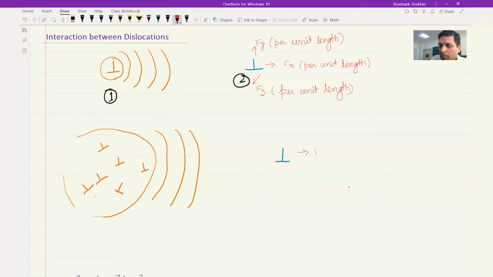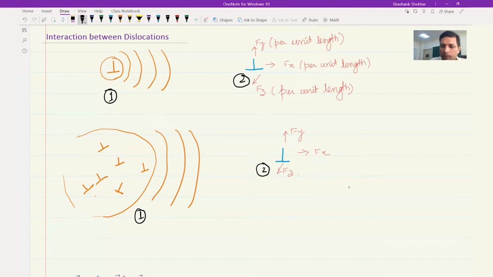So again, there will be fx, fy, and fz, and again in this context, this would be treated as 1. So overall, this bunch would be called 1. If we are defining Burgers vector and line vectors, then we will call the Burgers vector and line vector for this one 2, and overall whatever quantities we define for this bunch would be defined as 1.